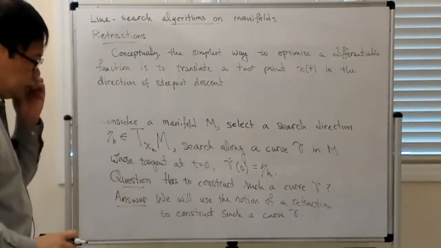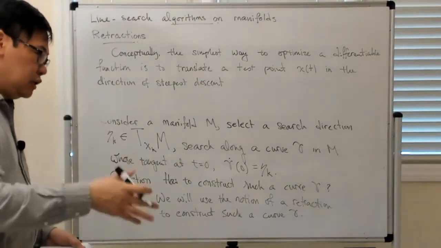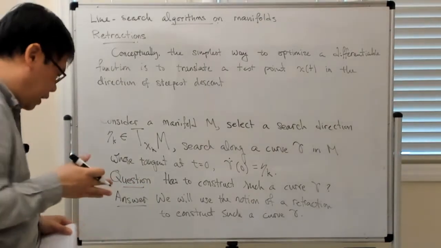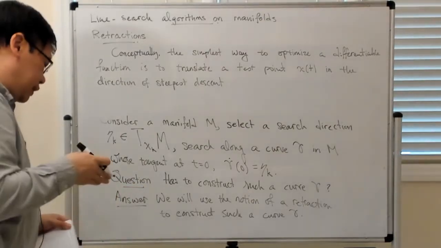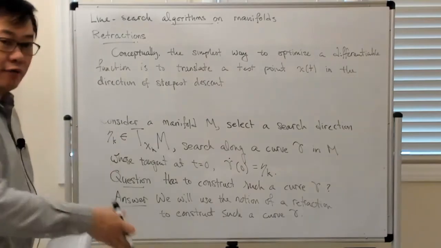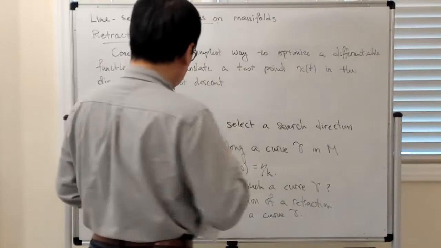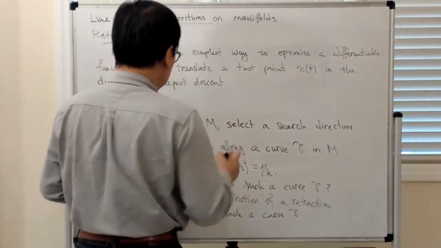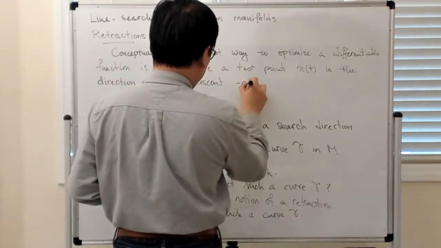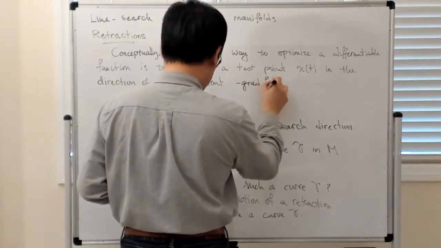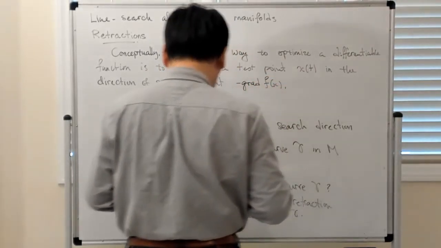This is analogous to trying to go down a hill as fast as possible by, at every point, trying to find locally the path which makes you descend at the fastest rate. And that is, of course, by definition, given by the negative of the gradient of f(x).